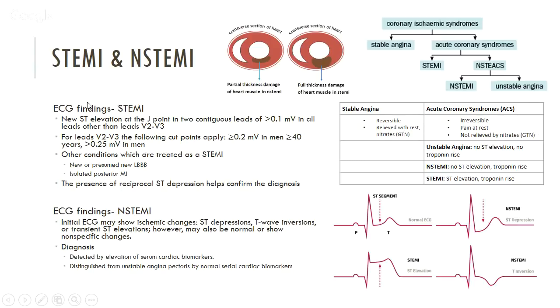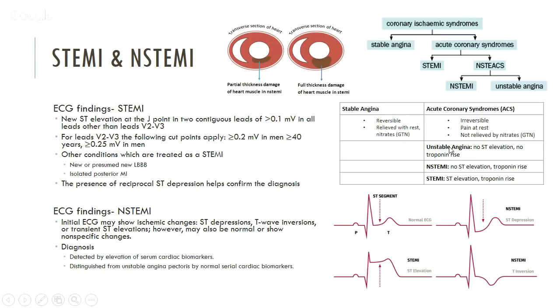But basically, in terms of ECGs, the main thing we want to look out for is NSTEMI or STEMI, more importantly STEMI. And that falls under a broad umbrella of syndromes called acute coronary syndromes. The way to differentiate between stable angina and acute coronary syndromes is patient history. Acute coronary syndrome tends to be sudden, the pain is still there at rest, and the patient doesn't get any relief with GTN under the tongue.